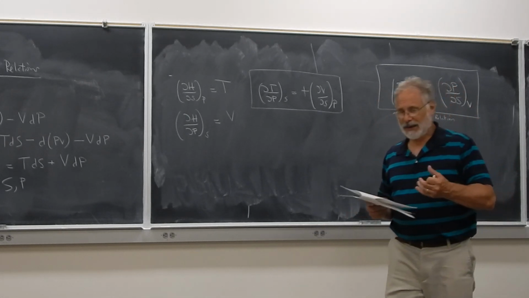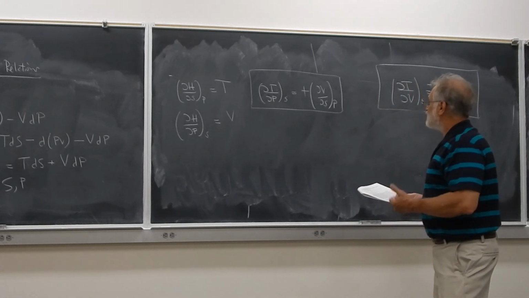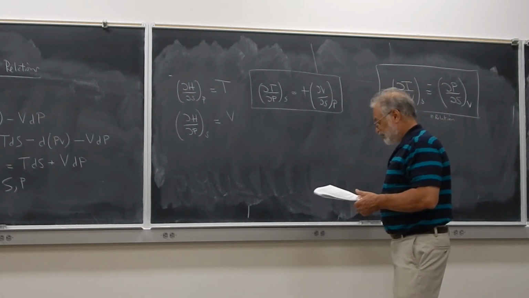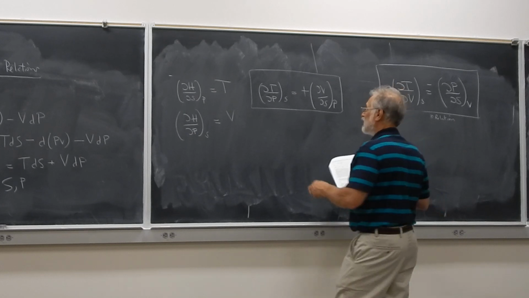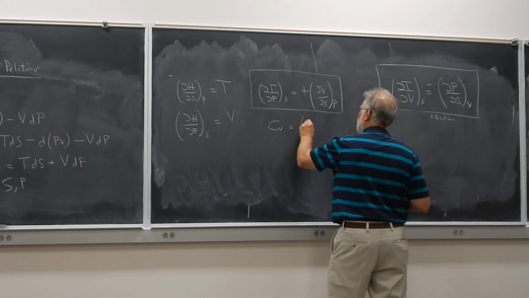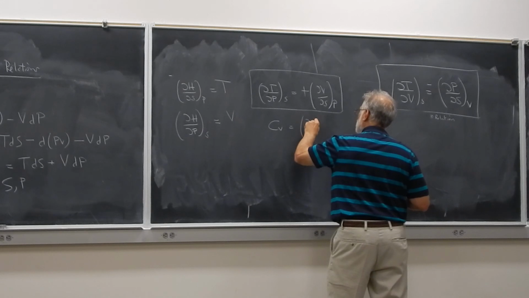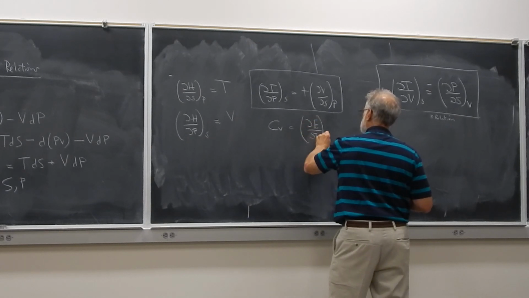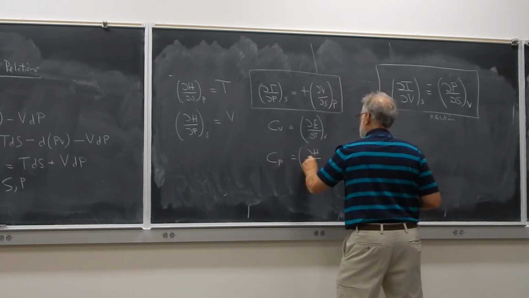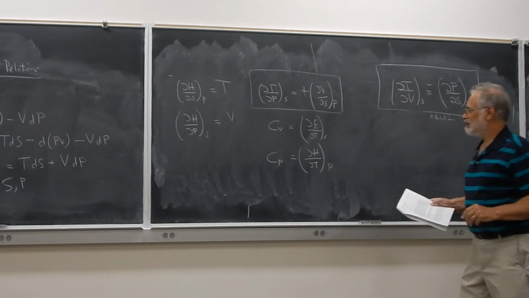Another way to talk about enthalpy is to say that if you increase the temperature of a system at constant pressure, the heat capacity at constant pressure is the same as the change in the enthalpy. In other words, while we used to talk about the heat capacity at constant volume as being the change in energy with respect to temperature at constant volume, the heat capacity at constant pressure can be written as the derivative of the enthalpy with respect to temperature at constant pressure.